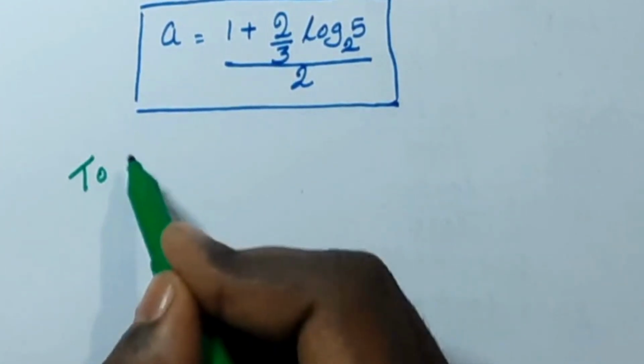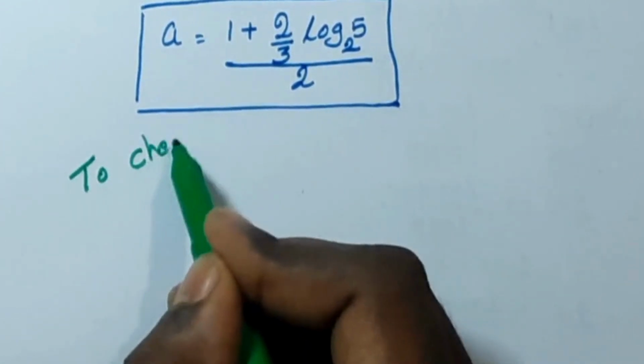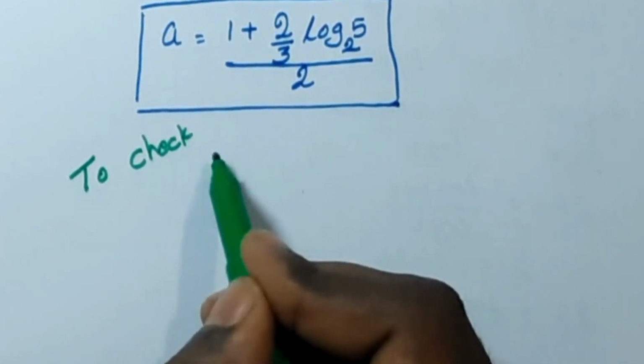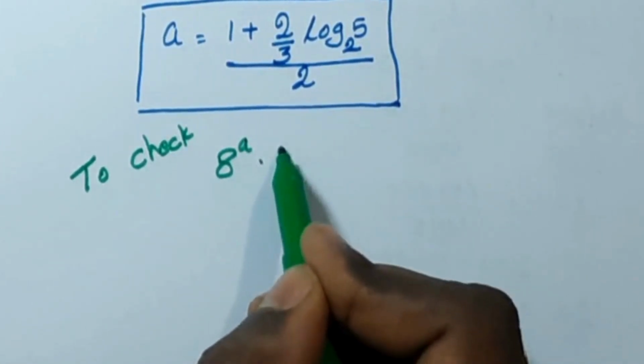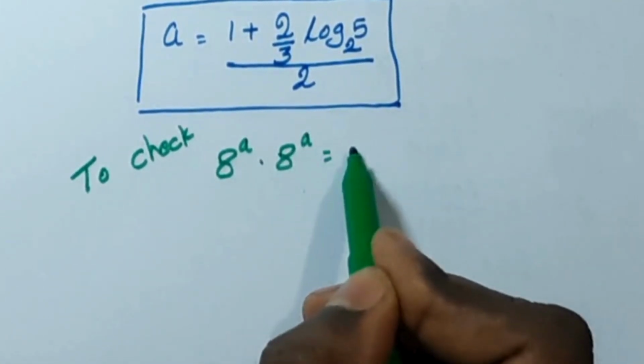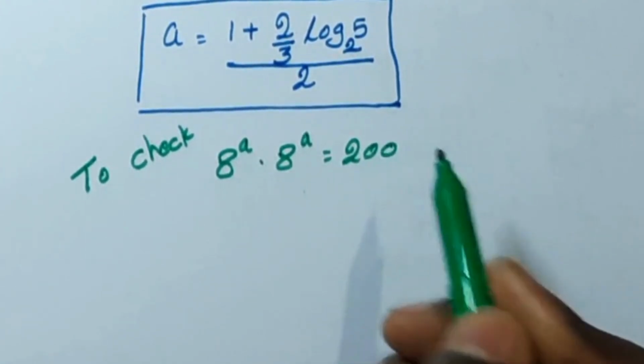Check with the equation 8^a × 8^a = 200.